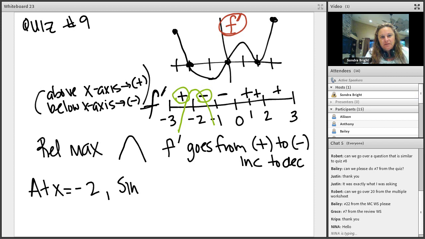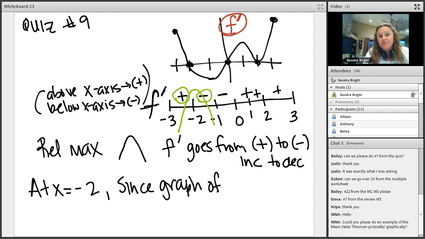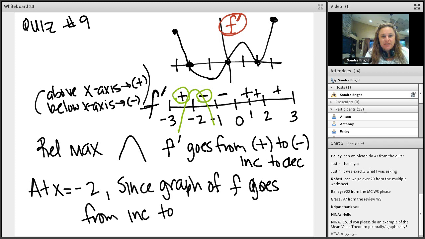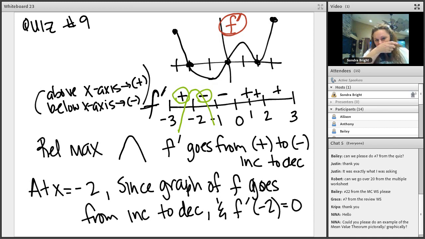So at x equals -2, the graph of f, not f prime, goes from increasing to decreasing, and also f prime of -2 is 0, so -2 is a critical point.